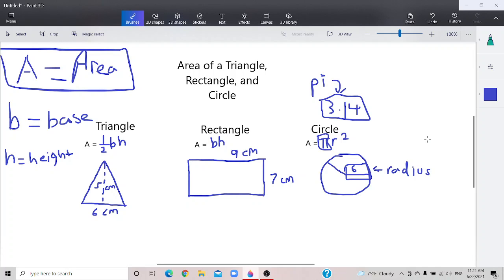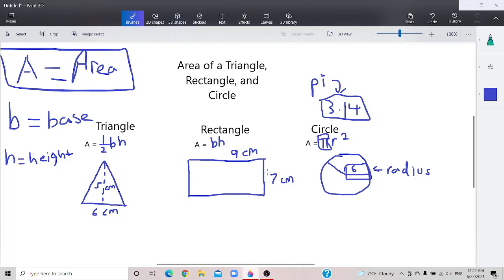Okay, so let's first try solving a rectangle's area, because that is the simplest out of all of these three. So what will be the steps that we take to find the area of a rectangle? Well, a rectangle isn't actually that long to solve, because its opposite sides are the same.